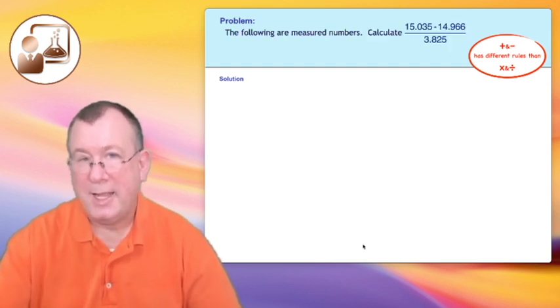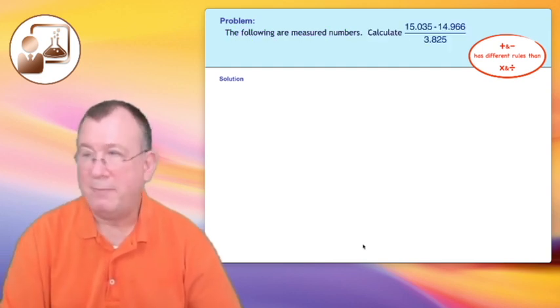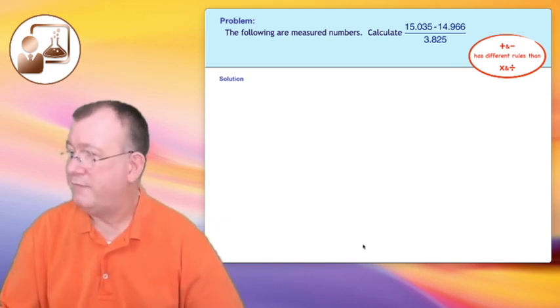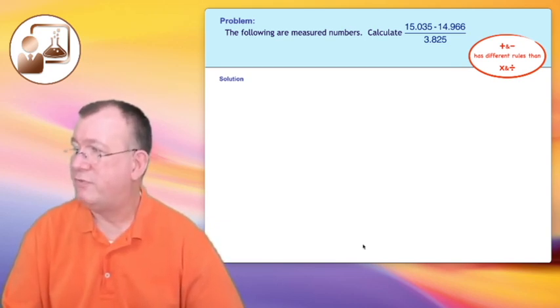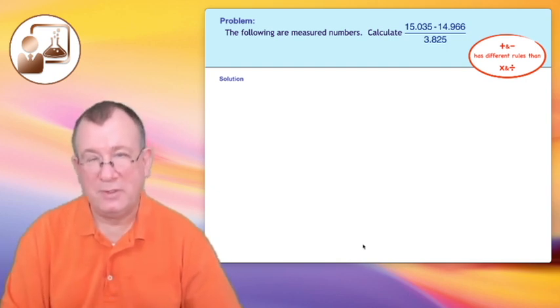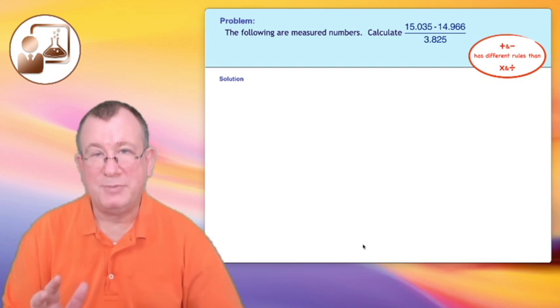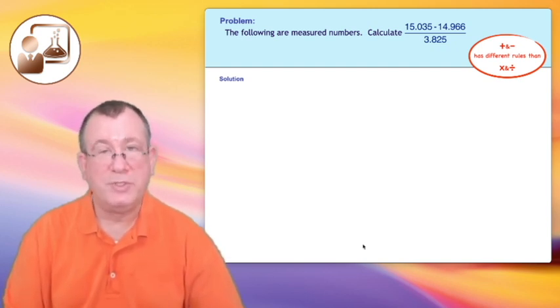All right. Now let's say I've got a more complex number. This is actually not a number. This is an expression: 15.035 minus 14.966, divided by 3.825. Okay, that's a ton. But like most complicated problems, just break it into a bunch of simpler ones. Remember order of operations. What always comes first?